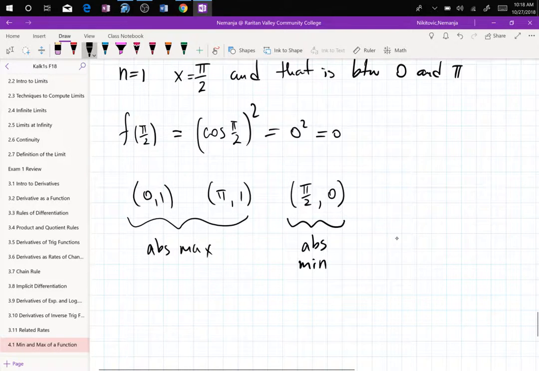As you are learning this section and the rest of chapter 4, especially when graphs are involved, just put the graph there, right?